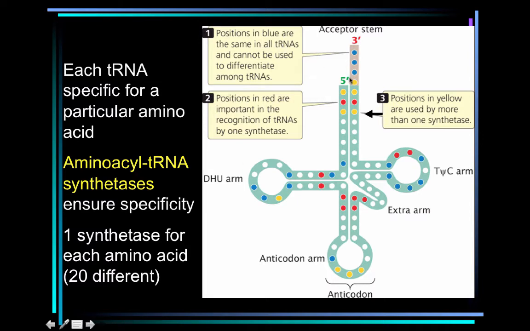So if we look at this figure again, the positions in blue are all going to be the same in all transfer RNAs, and those areas really can't be used to differentiate one from another. The positions that we see in red are going to be important to the recognition of the transfer RNAs by one synthetase. And then finally, again, the positions in yellow are going to be used by more than one synthetase. So this is where we get that degenerate code thing going on again.